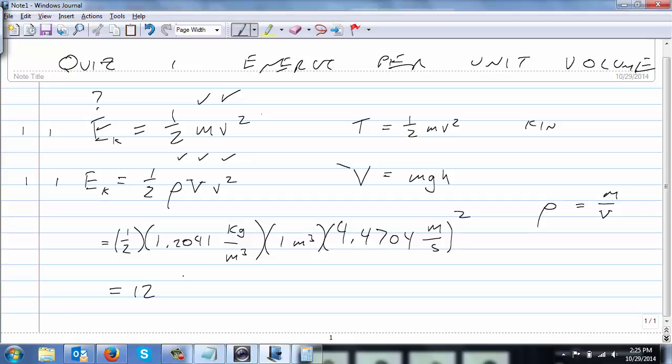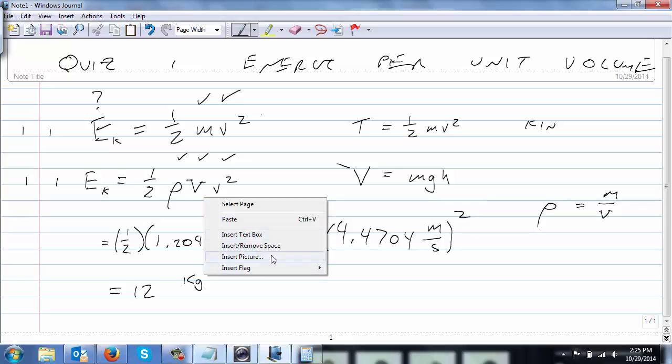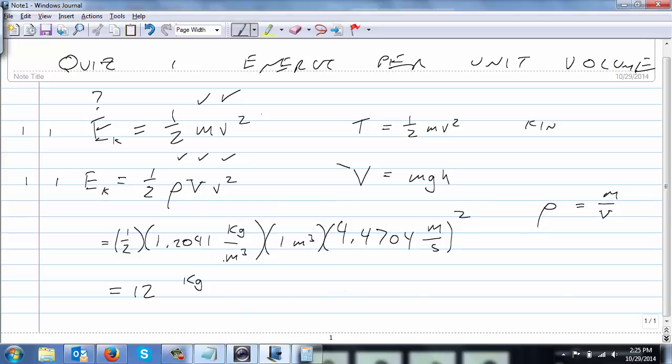Now let's go back and check the units. So kilograms survive, meters cubed die, and then we get meters squared per second squared. That's great. That is the definition of a joule. 1 joule is 1 Newton meter.